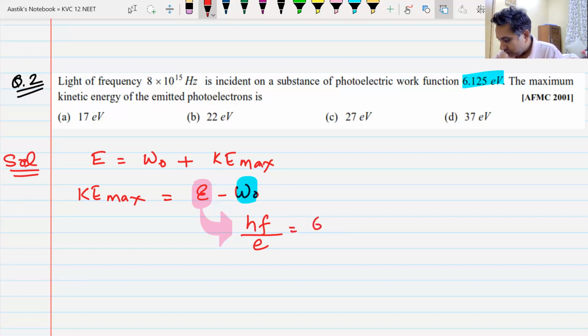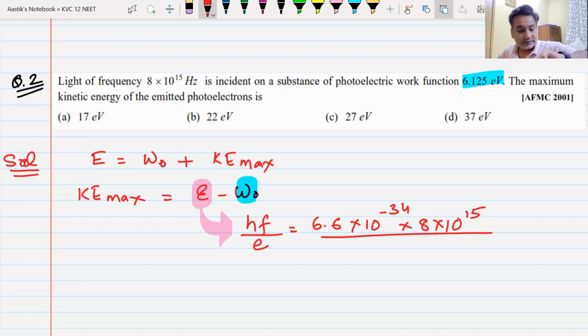So you do the multiplication here. 6.6 into 10 raised to the power minus 34 multiplied by the frequency, 8 into 10 raised to the power 15, divided by 1.6 into 10 raised to the power minus 19.